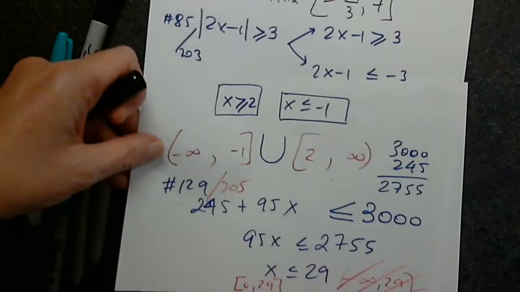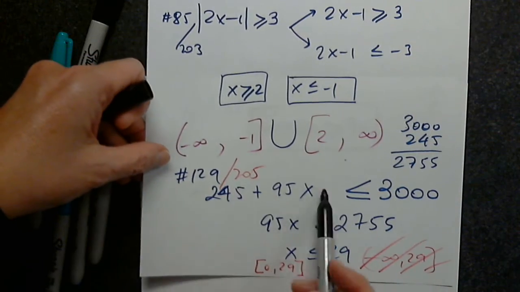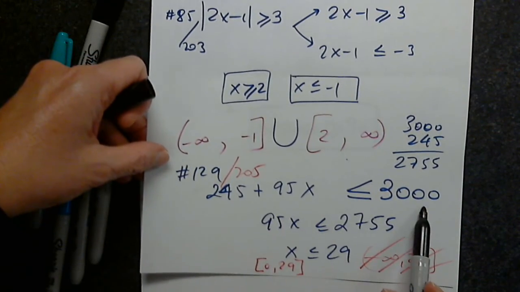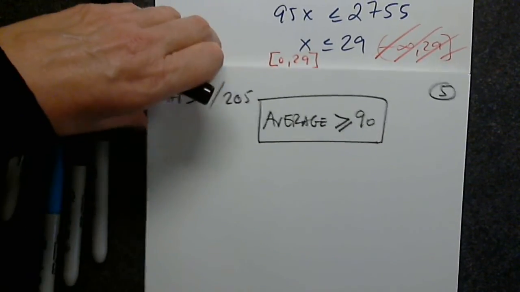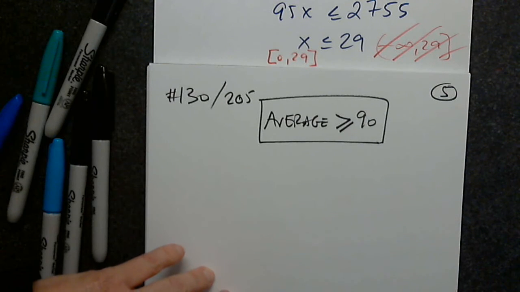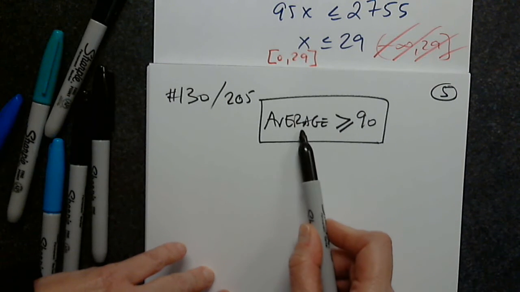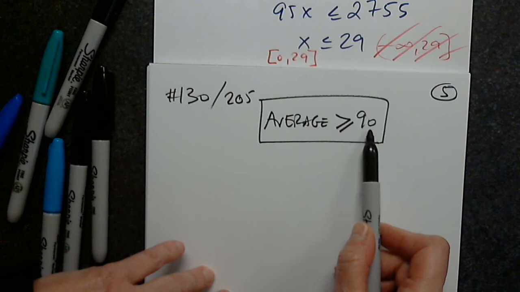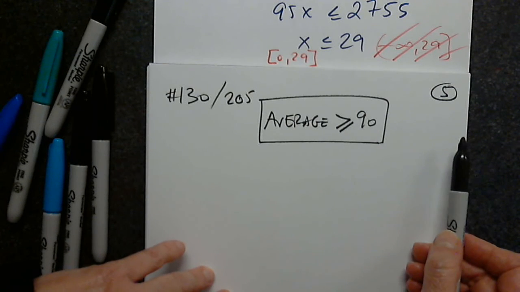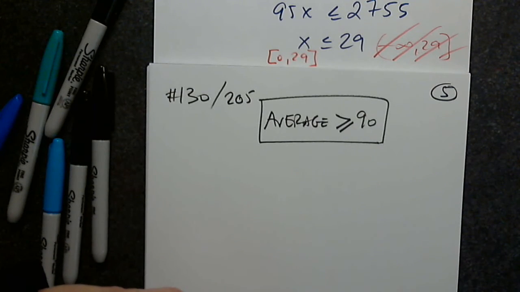Here I was told it cannot exceed, so it has to be less than or equal to 3,000. Here it says, in order to earn an A, the average must be at least 90, which means 90 or more. Is this understood? Okay, then let's read on.